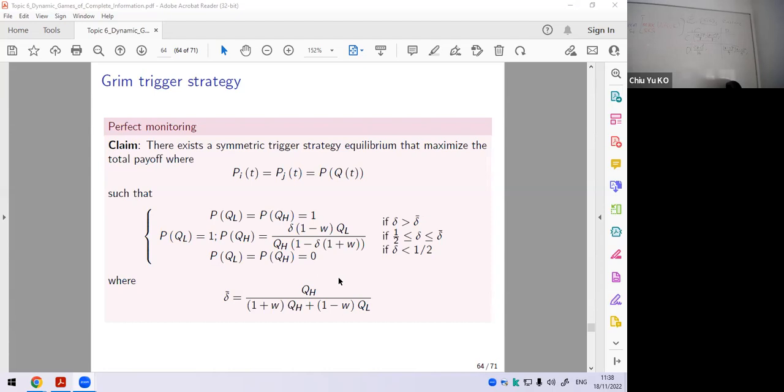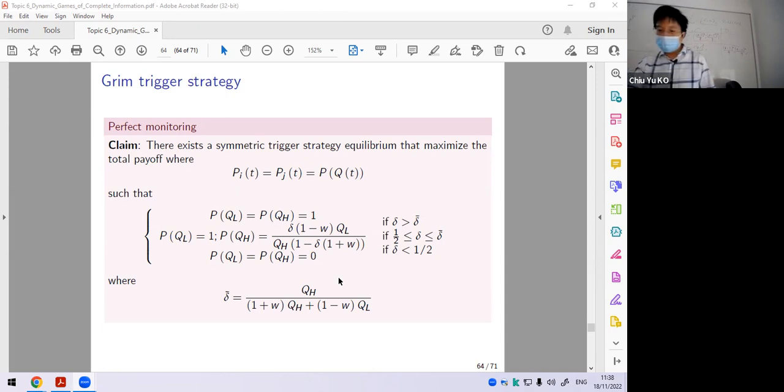Maybe I'll draw a picture. It's very interesting to look at this diagram here. This is delta. Again, it's a price, at most 1, as low as 0. This is also 1 as well. What it essentially says is, if delta is large enough, they can collude. They will charge 1, because 1 is the maximum people can pay.